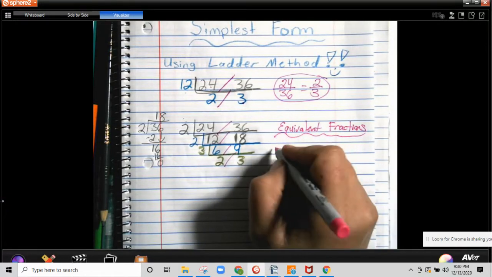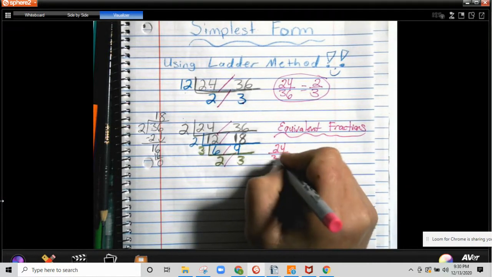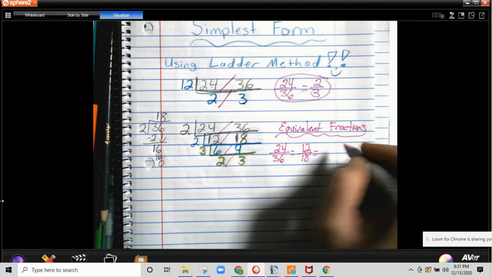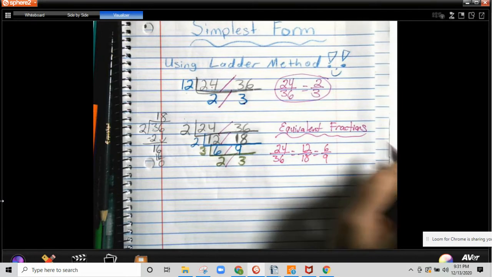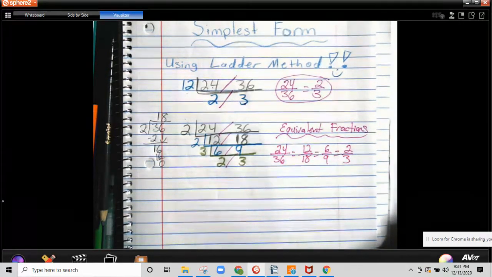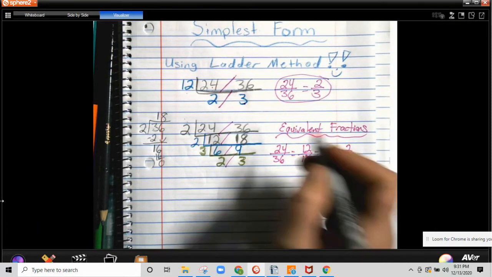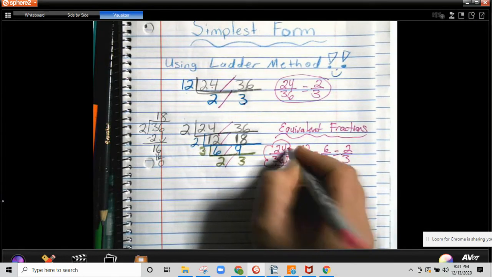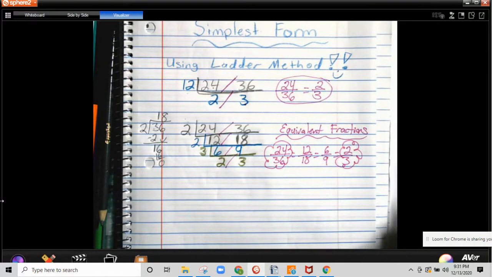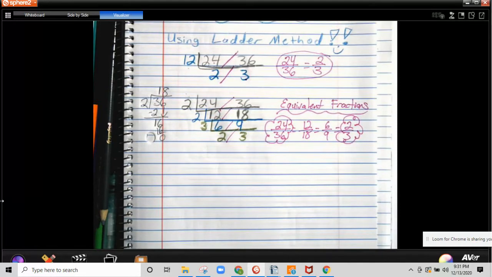So you know what? 24 over 36 equals the same thing as 12 over 18 equals the same thing as 6 over 9 equals the same thing as 2/3. Now that's pretty cool. So if I want simplest form of 24 and 36, I got 2/3. Easy peasy. Just like that.